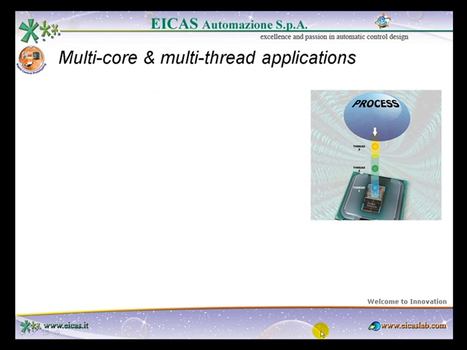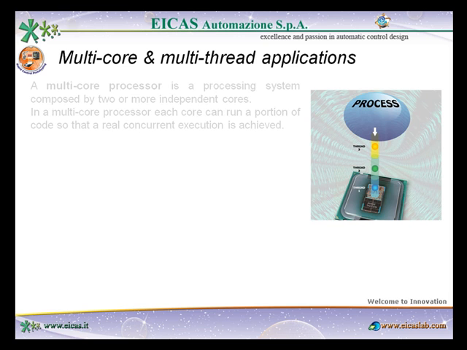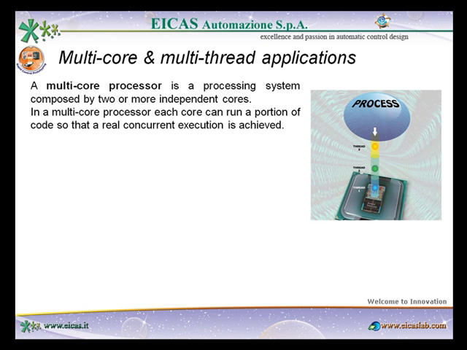We now describe how you can manage in EICASLAB the real-time scheduling. First, we recall that a multi-core processor is a processing system composed by two or more independent cores. While in single-core CPU systems it's not possible to execute more than one piece of code at the same time, in a multi-core processor, each core can run a portion of code so that a real concurrent execution is achieved.